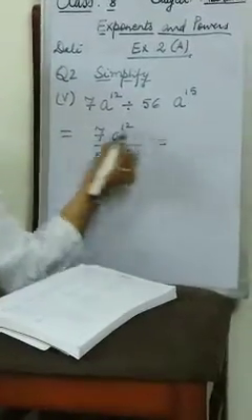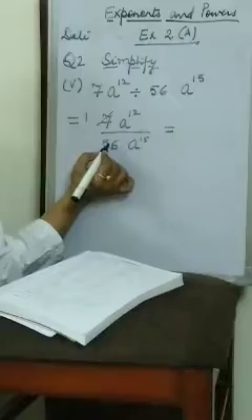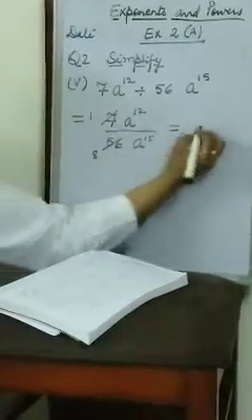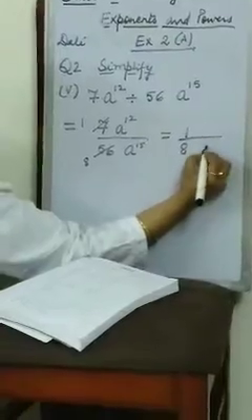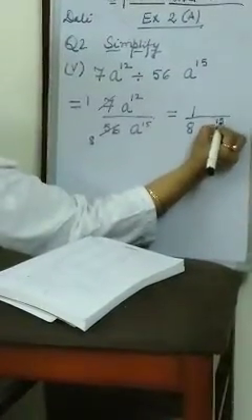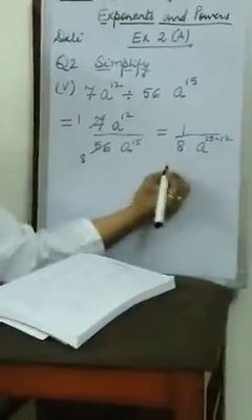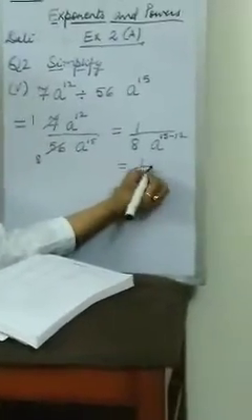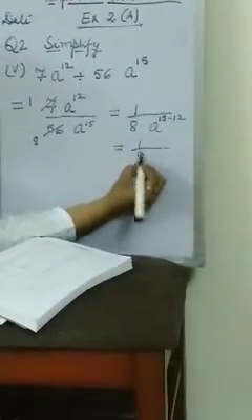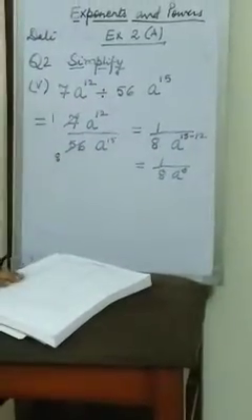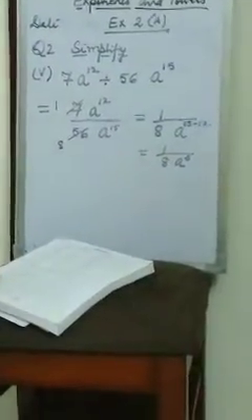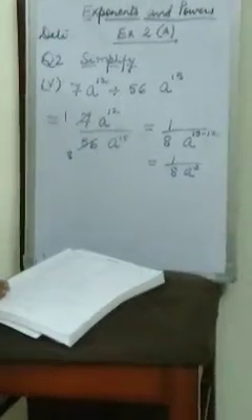So 7 by 56 will be cancelled out. 7 1s are 7, 7 8s are 56. It becomes 1 by 8 and a to the power 15 minus 12. So we get the answer 1 by 8 a to the power 3. This is your answer for the fifth one. I consider one more part of it.